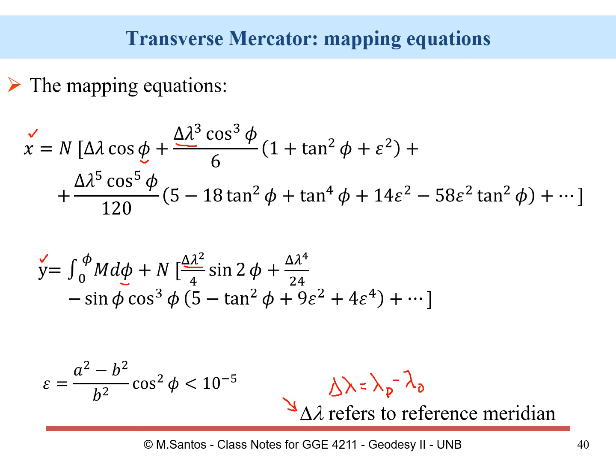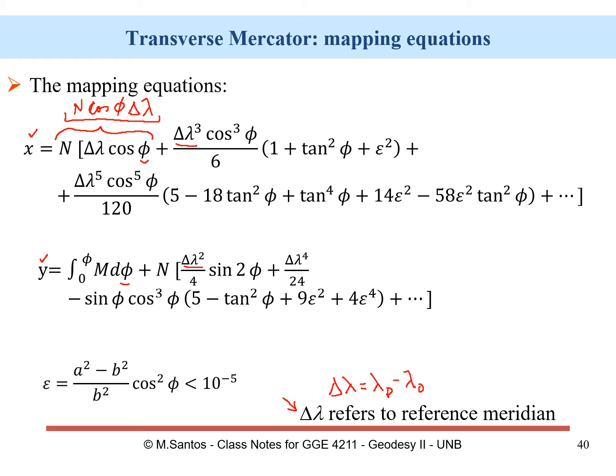Now, if you look at these two equations, what we can see here first is this term N, so every term here is multiplied by N. The first term is N cosine phi delta lambda. We have seen this expression before. This expression of an arc of parallel.